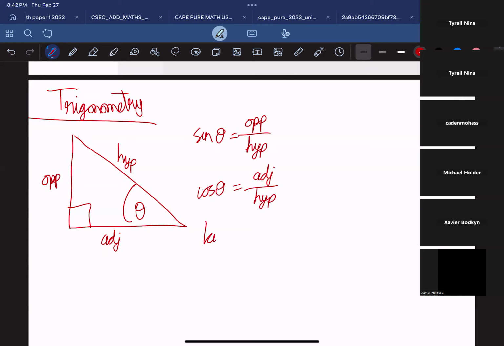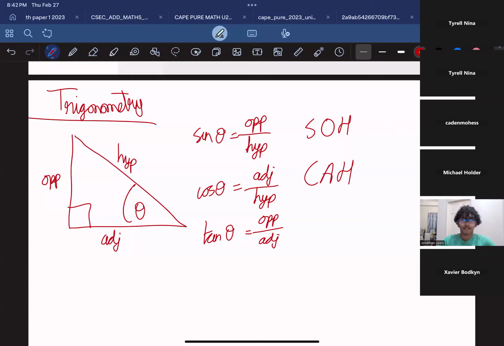And tan theta is opposite over adjacent, right? So sine is opposite over hypotenuse, cos is adjacent over hypotenuse, and tan is opposite over adjacent. So we have that there.